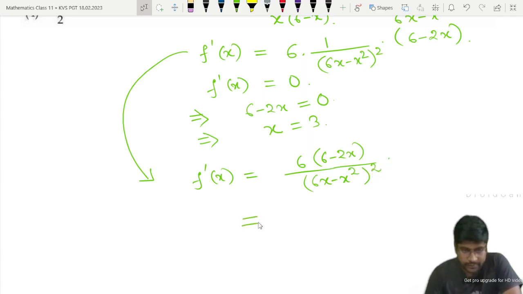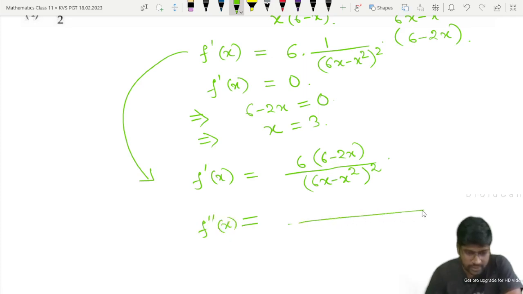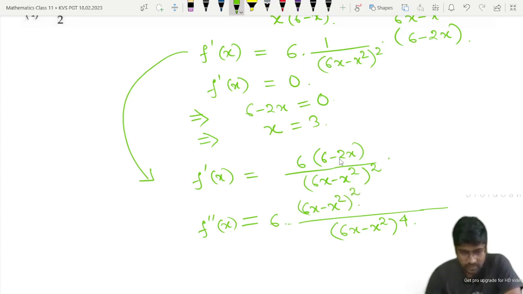Then we will find f double dash x. I could not simplify it further, so I have to do it like this. This 6 I will take outside because 6 is a constant term. This will become 6x minus x square whole square into the derivative of the numerator.